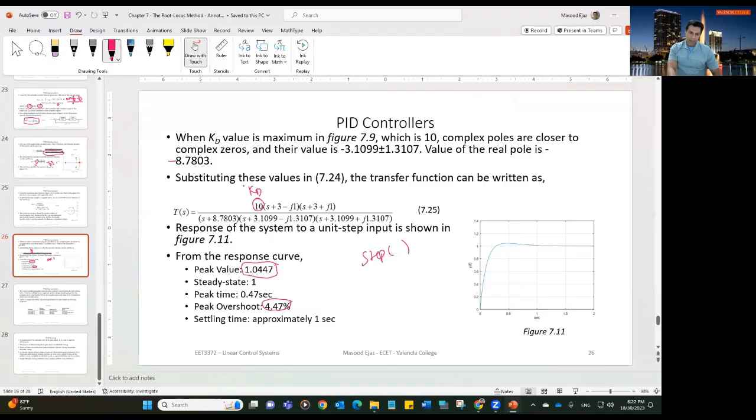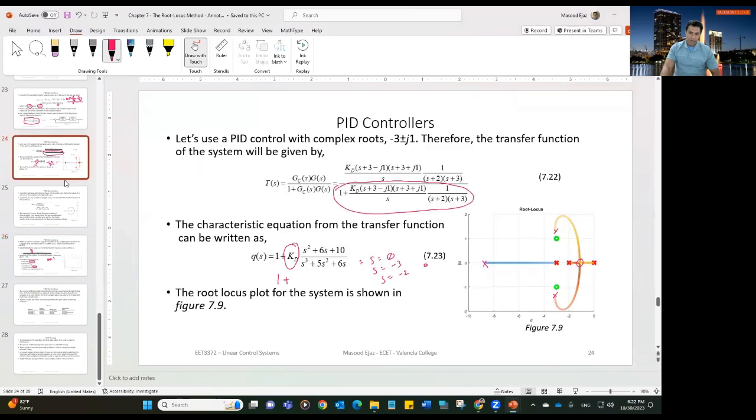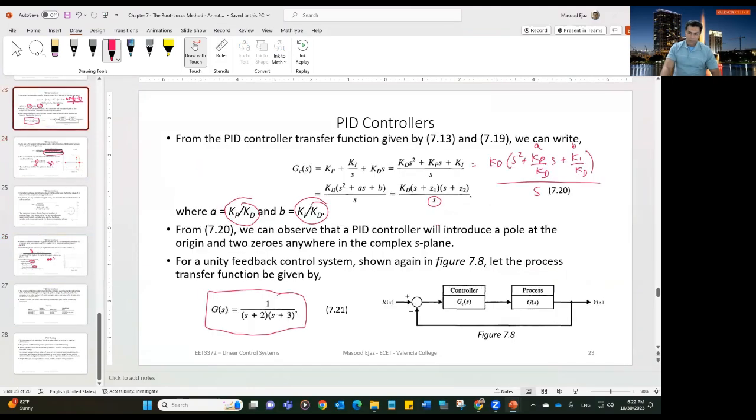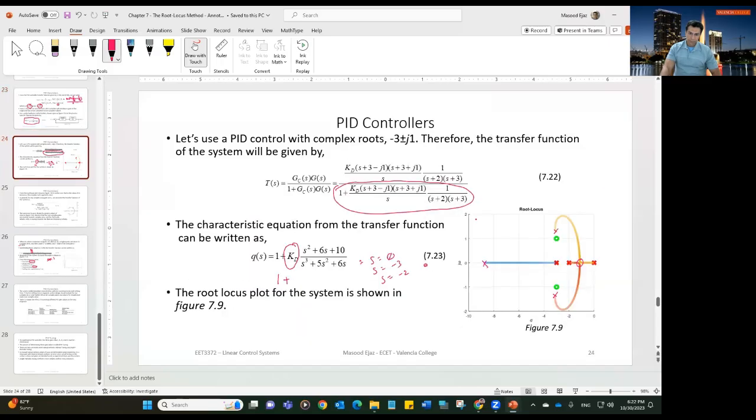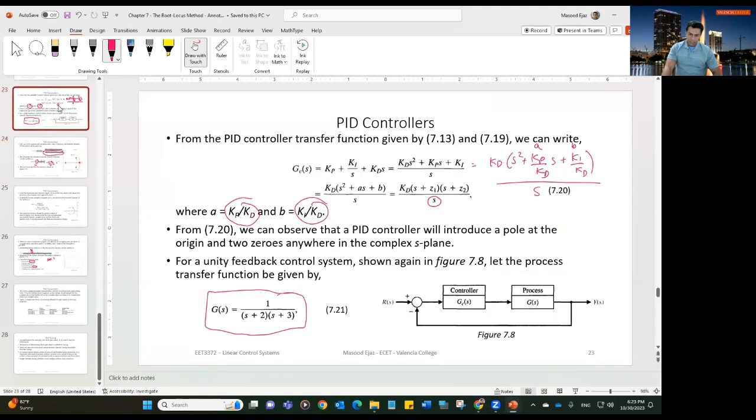Now, since you have the value of KD, and you can again get any value of KD from R-locus X, you can go back and calculate the values of KP and KI, because we know the value of A and the value of B from the quadratic equation that we created, (S + 3 - ji)(S + 3 + ji). From the quadratic equation you have the value of A and the value of B. Using that, and since we already know KD, you can calculate the values of Kp and Ki.